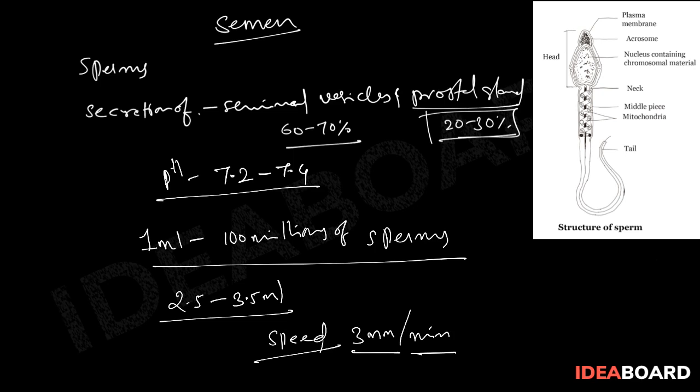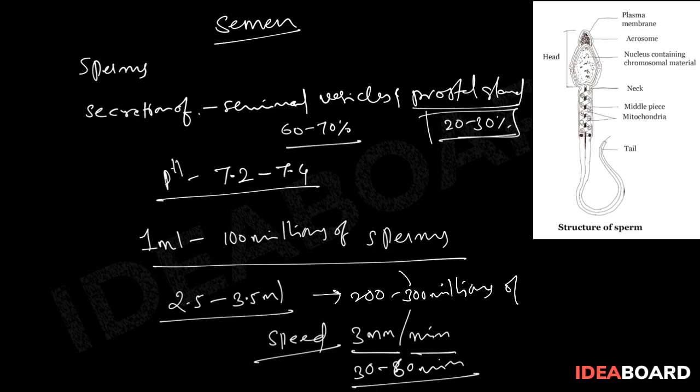So with this speed, the human sperm will reach the uterine ducts after insemination in about 30 to 60 minutes. During coitus, the human male ejaculates approximately 200 to 300 million sperms into the female genital tract.